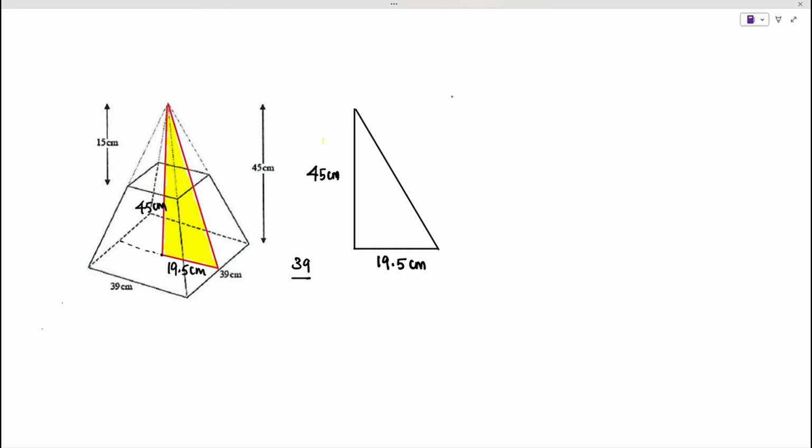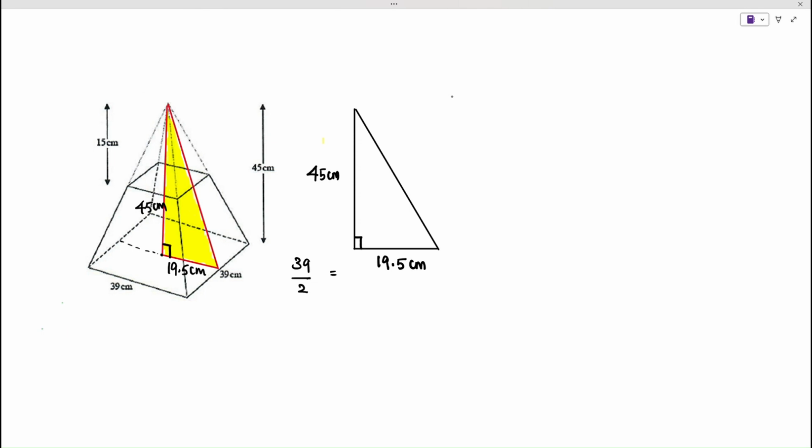Since it starts from the midpoint and goes to one of the sides, a nice straight line, it'll be exactly 39 over 2. And so this is a right angle triangle because the vertical line makes a right angle with the base.